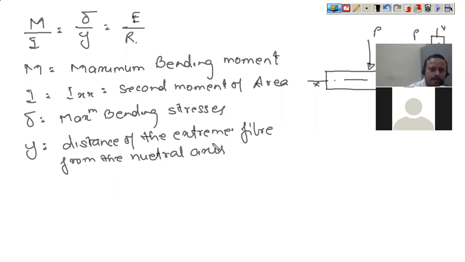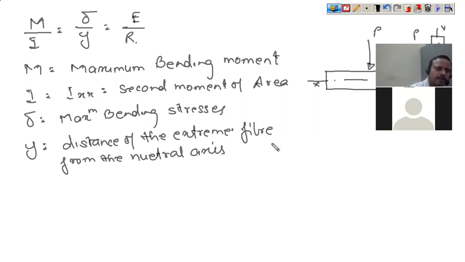Now, it is always mentioned as neutral axis, not centroidal axis. Why? In the case of initially straight beams, the neutral axis and the centroidal axis coincide. Centroidal axis is a geometrical parameter, and neutral axis is a mathematical parameter which defines the location or the plane of zero stresses. In curved beams, the neutral axis and the centroidal axis do not coincide.